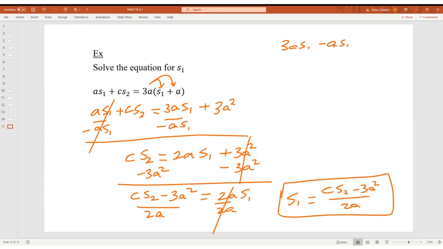Any questions? It's just like a multi-step linear equation. Any question? We have 3 minutes. If you have any question, I'll open the class for discussion.